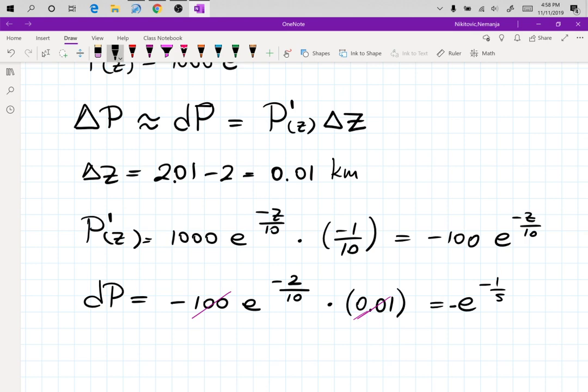So we have e raised to negative 0.2, and we come up with delta P is approximated by dP, and dP turned out to be negative 0.82 atmospheres, ATM.